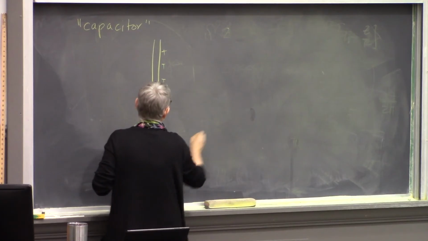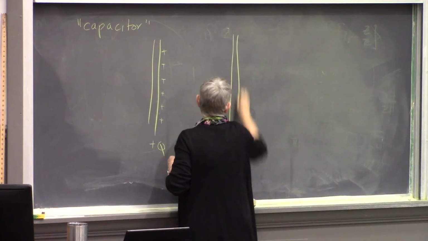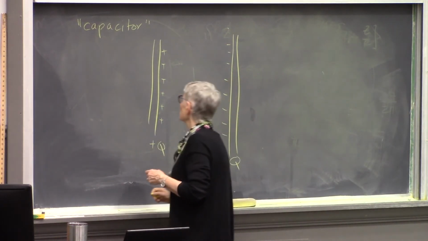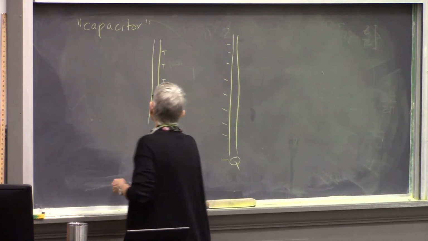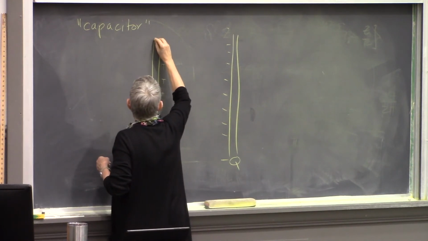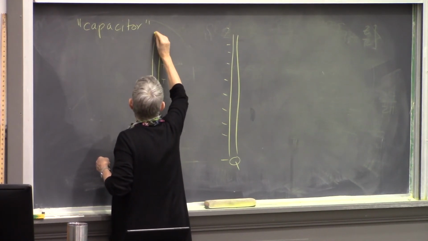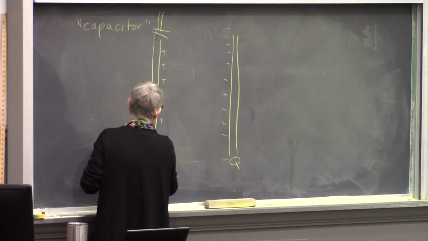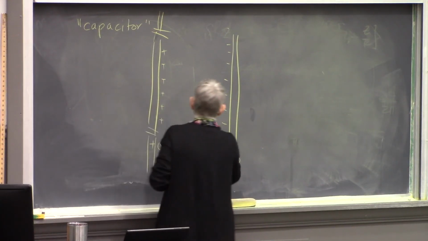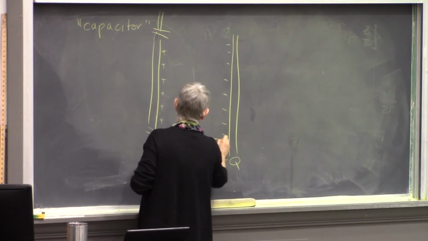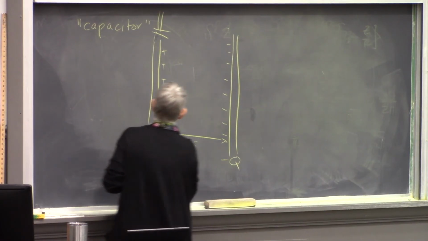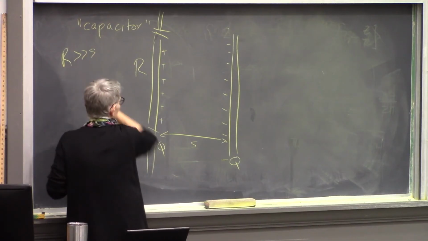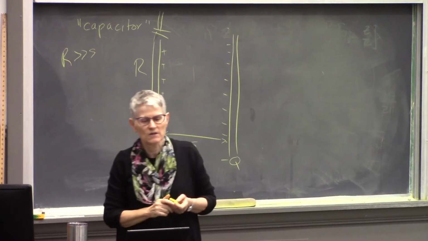So one's a plus Q, and one is a minus Q. And these keep going, they're big. So this gap distance is often called S, and R is much greater than the gap distance S here.